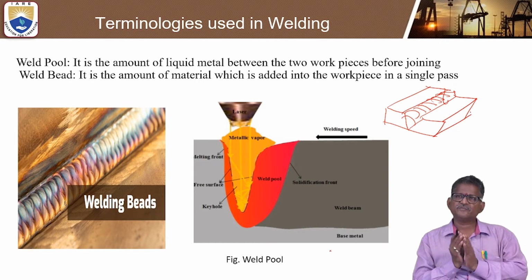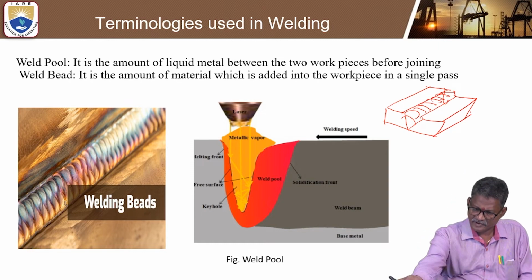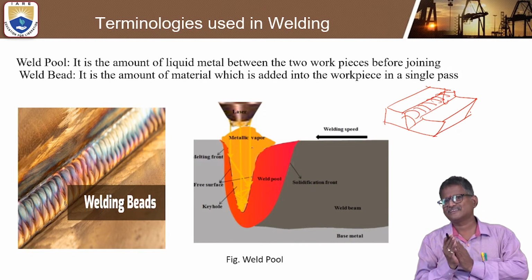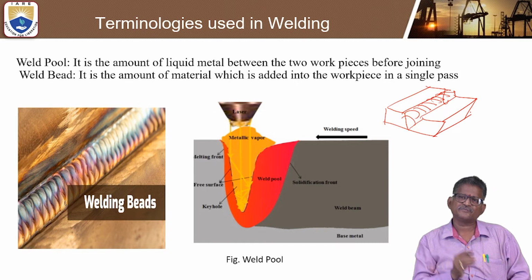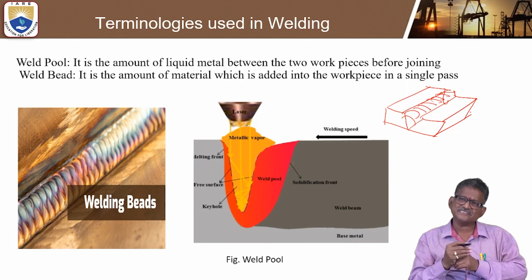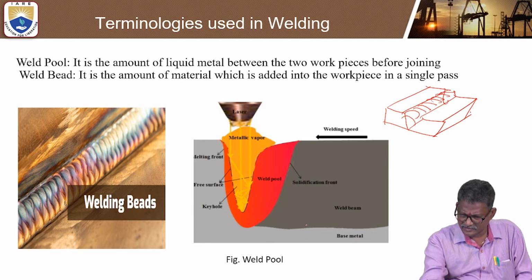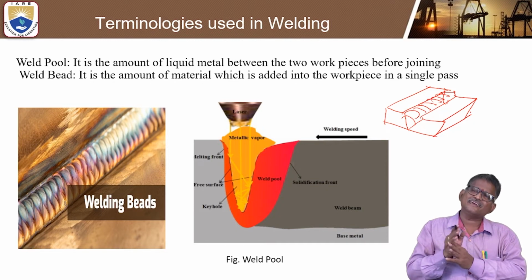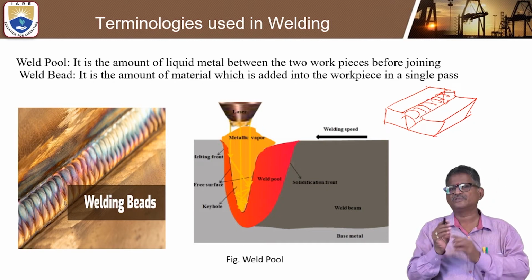So the terminology: whenever the welding is performed, it goes through different colors, red and orange and some black, where you can understand that the weld pool is the amount of material which is added to the workpiece in a single pass. So this is the workpiece, you can add some layer above, and that layer is the weld pool.